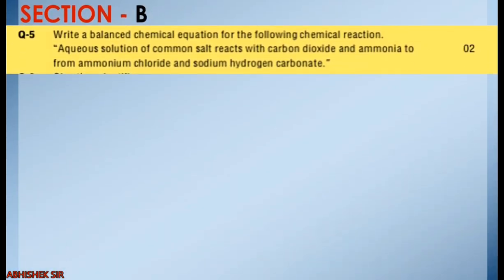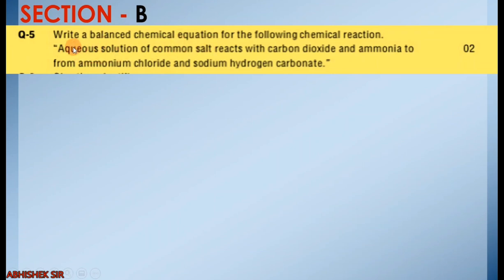Now moving to the next part, we have to write a balanced chemical equation for the following chemical reaction. Aqueous solution of common salt react with carbon dioxide and ammonia to form ammonium chloride and sodium hydrogen carbonate. So it seems to be a regular chemical equation, but don't forget that you don't have to write NaCl (aq) for aqueous.